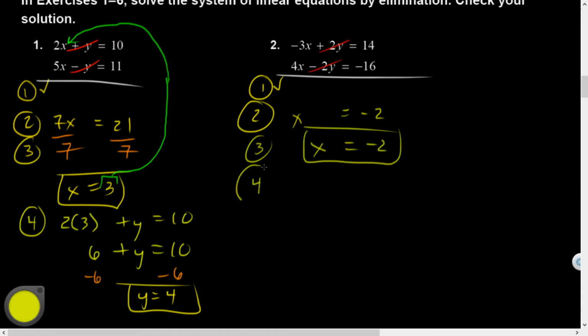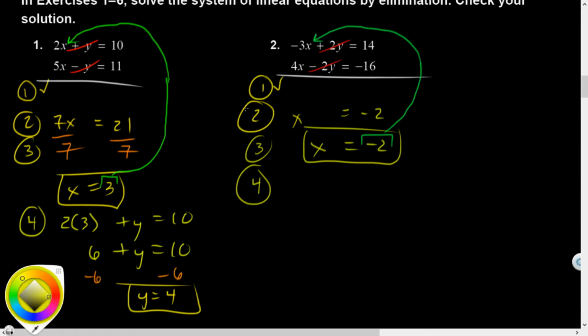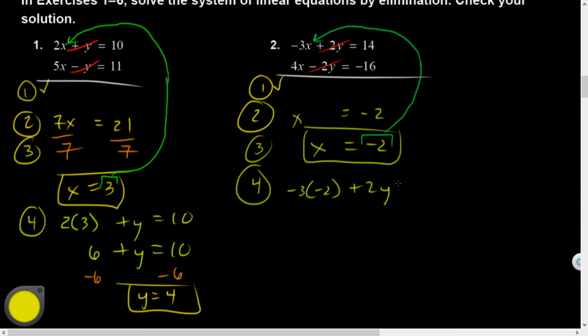And then step 4, plug what I get into either of the original equations. Doesn't matter. I'm going to plug it into the top one because y is positive, but you could pick whichever one you like. Maybe 16 is your favorite number or something. I don't know. So negative 3 times negative 2 plus 2y equals 14. That's positive 6 plus 2y equals 14.